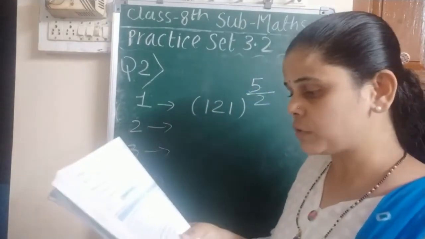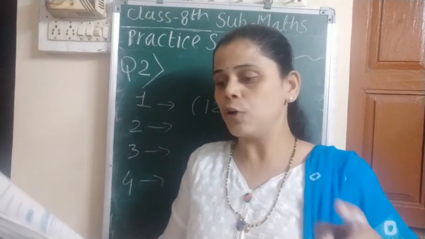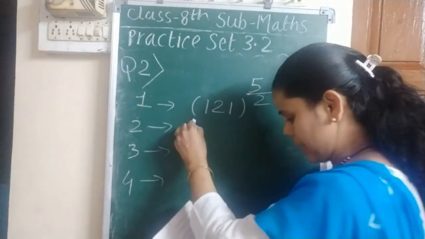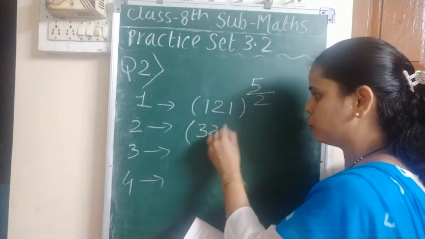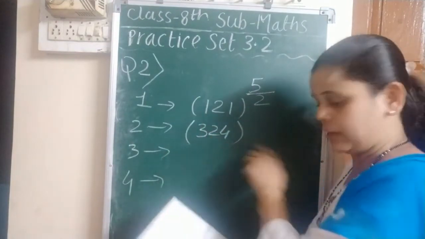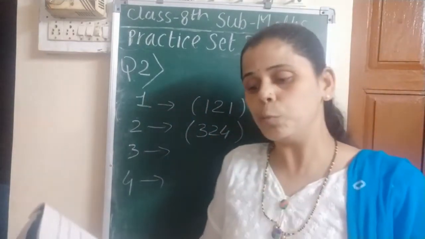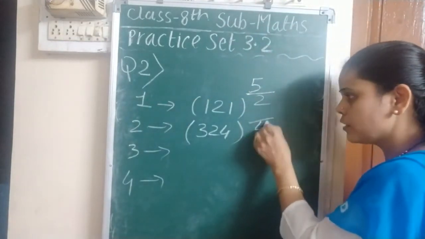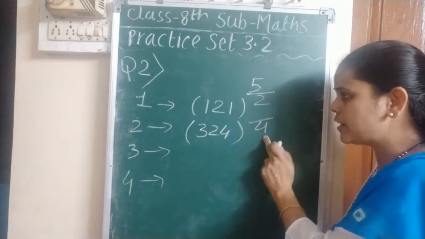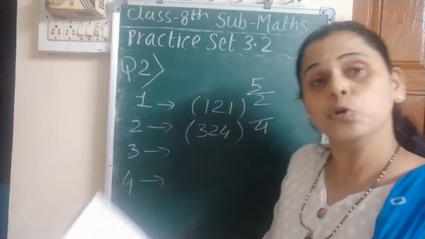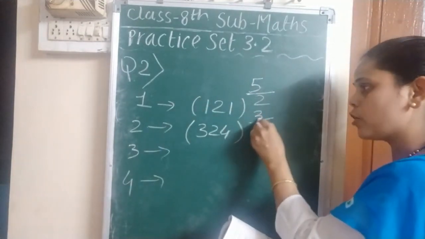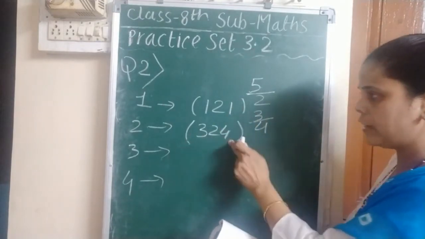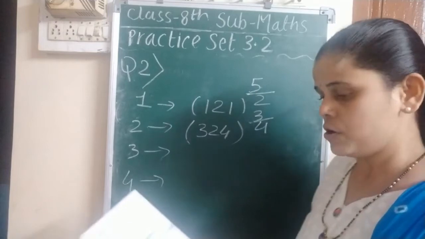Okay. The next question is cube of 4th root of 324. So write down the base number 324. And for cube of 4th root, write down the root in the denominator. Cube means the power of 3. So your answer is 324 raised to the power 3 upon 4.